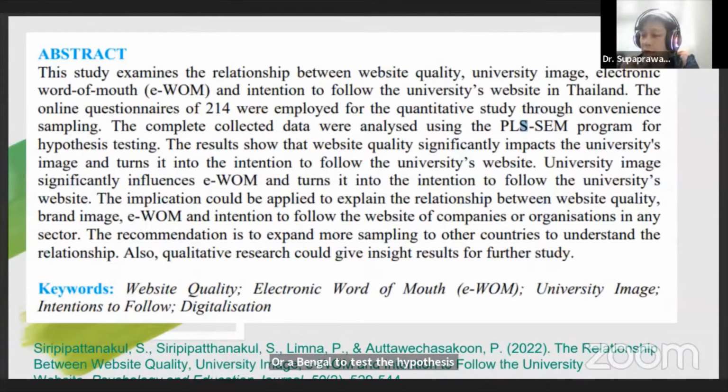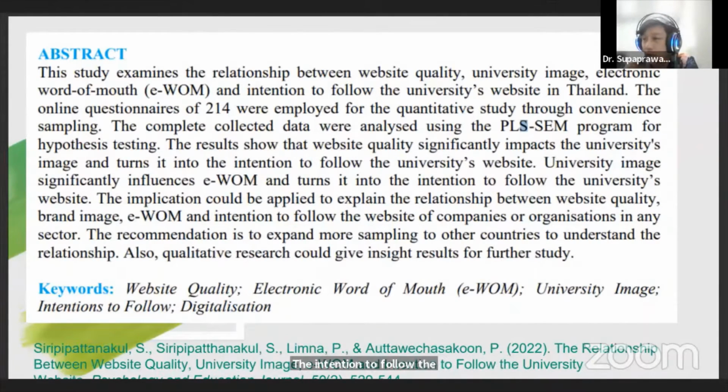And the result, when you write the result, you have to write whether you support or reject your hypothesis in the conceptual framework. In this case, the website quality has a significant impact on the university image and turns it into the intention to follow the university website.